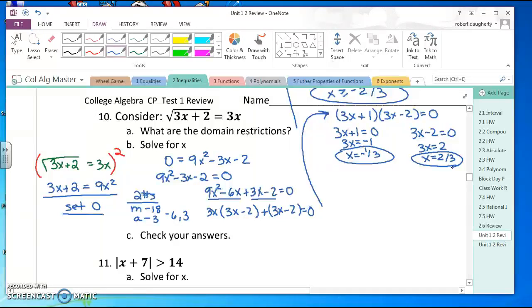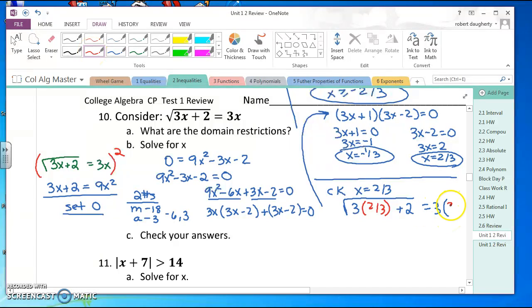Anytime you square both sides of an equation, you're going to need to check both of those answers. So let's check x equals 2/3. I'm going to plug that into the original equation: does the square root of 3 times 2/3 plus 2 equal 3 times 2/3?